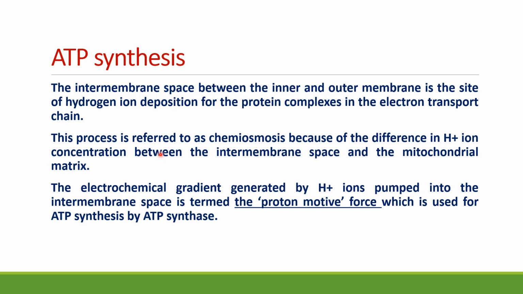This process is what we referred to previously as chemiosmosis. This difference in the proton or hydrogen ion concentration in the intermembrane space is more important. It results in an electrochemical gradient.